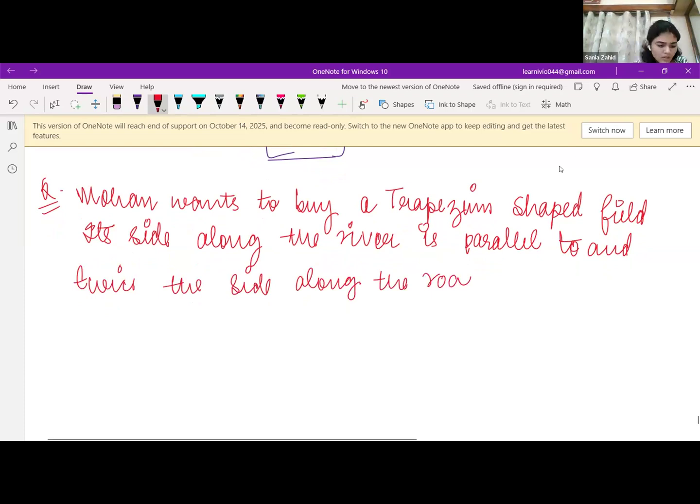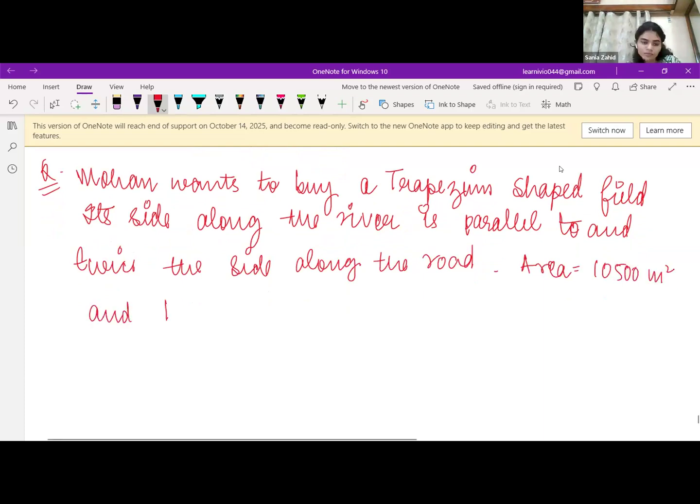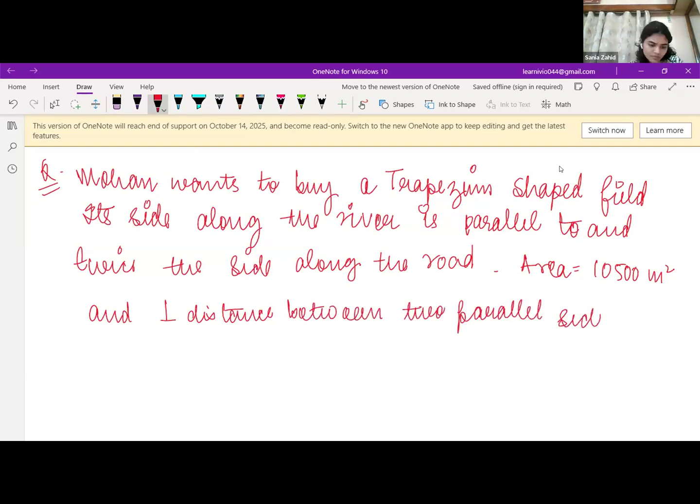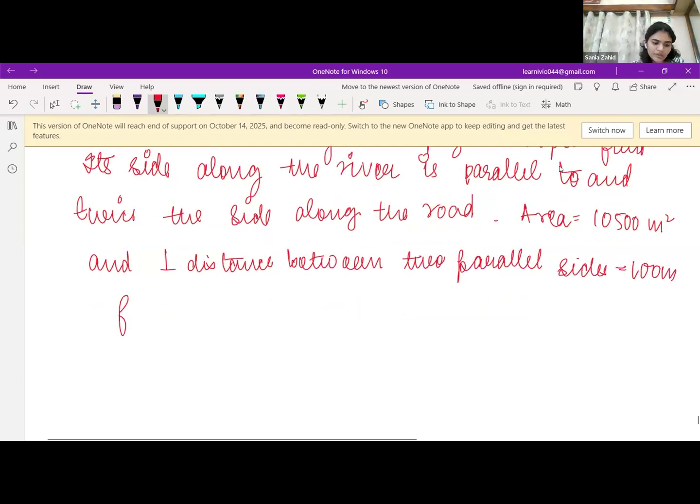If the area of the field is given and the perpendicular distance between two parallel sides is given, find the length of side along the river.